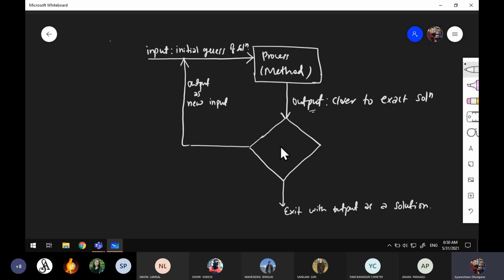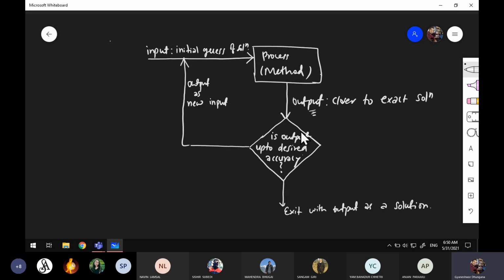But what we will decide here is whether the output obtained is up to the desired accuracy.